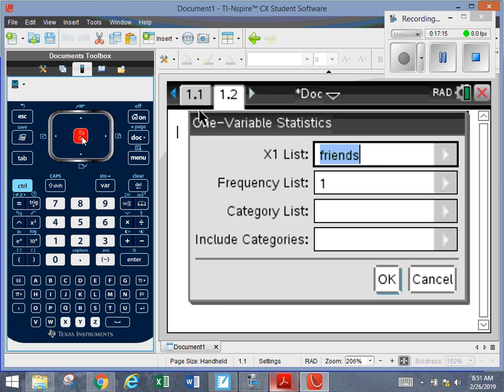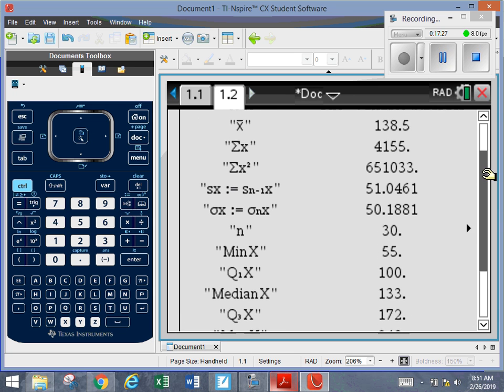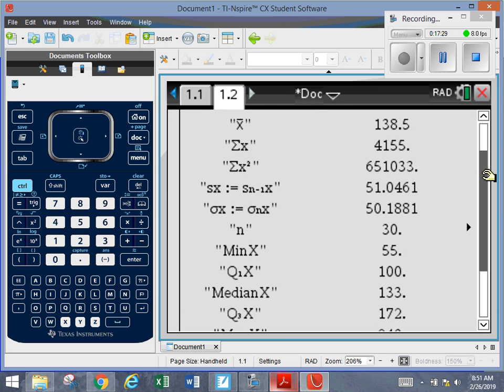Remember this? This was from a long time ago. I choose Friends, go all the way down to the bottom, and it spits out all this awesome information. Most importantly, I get x bar, 138.5, and the standard deviation of my sample, which is 51.046. That's the stuff that I needed in order to do this.